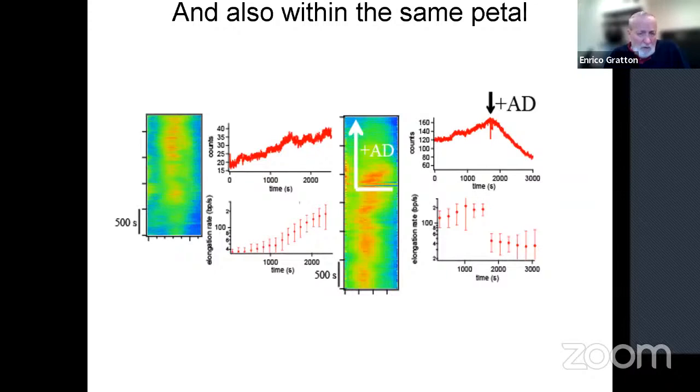On the same petal, for example, we can also measure how long it takes from here to here. And we can add factors that affect the polymerization, and the action of the factor is clearly seen: we have an elongation of the MS2, and then it stops when we add the factor.